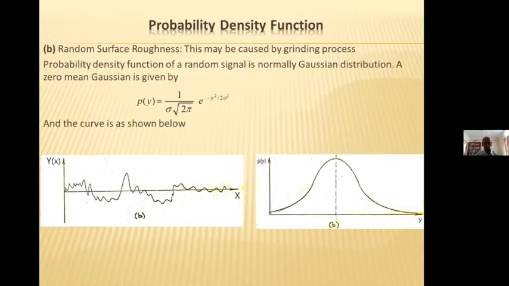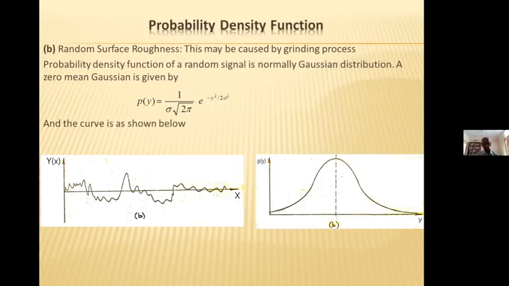Now, if we look at a random profile, which is usually generated by grinding process or lapping or using grits to roughen the surface, they usually give a random surface.